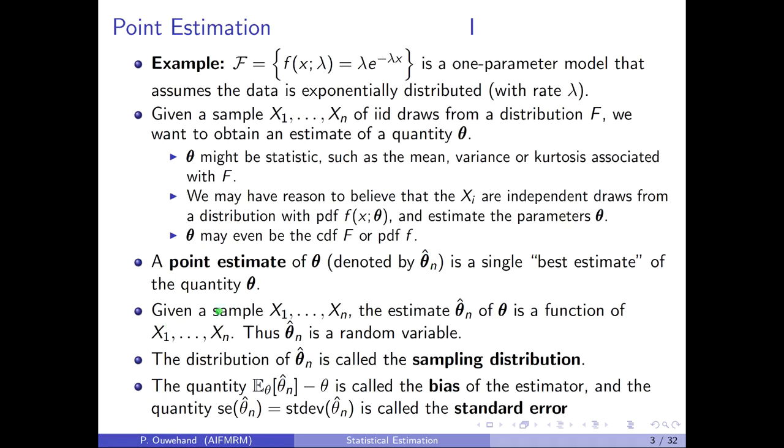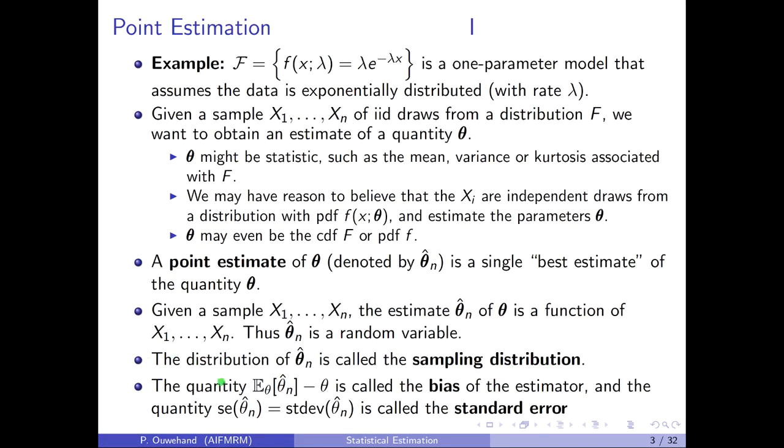Now given a sample x1 up to xn, the point estimate theta hat n of theta depends on the data, and the data are random, and hence theta hat n is random as well. In other words, theta hat n is a random variable. As it is a random variable, it has a distribution, and that distribution is called the sampling distribution.